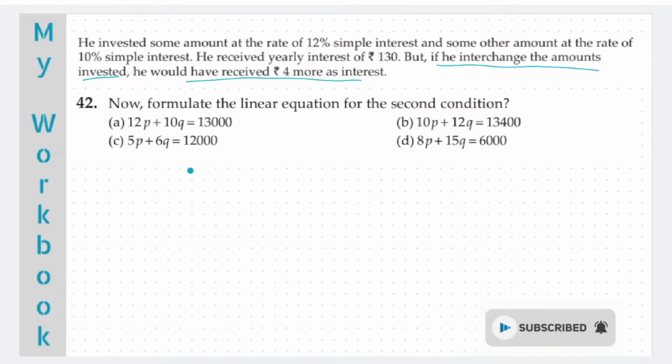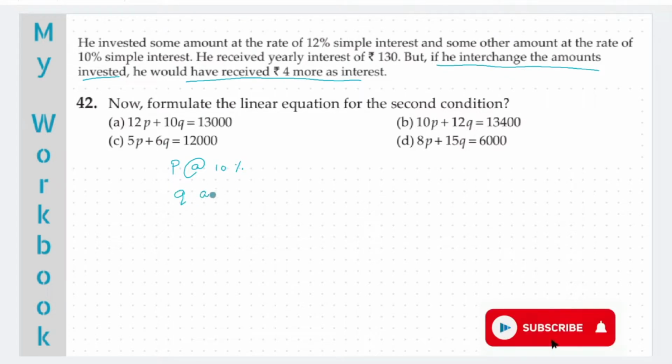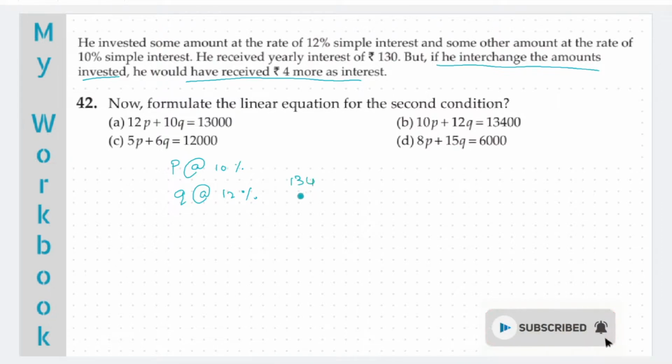So now P is the amount invested at the rate of 10% and Q is the amount invested at the rate of 12%. So he has interchanged P and Q's interest rates and he would have received 4 rupees more as interest. So totally he receives 130 plus 4, 134 rupees as interest.